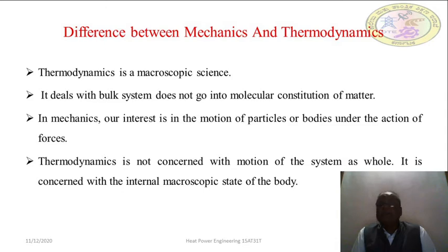If so, what is microscopic science? Microscopic science means studying the working substance, its construction, its molecules, movement of the molecules, its atoms, movement of the electrons, etc. These all come under the microscopic study of that subject.